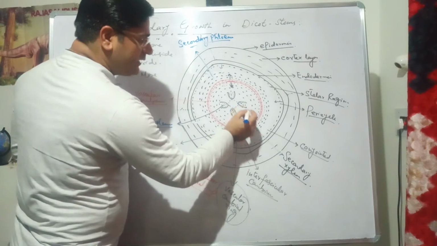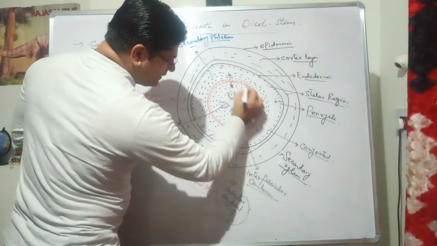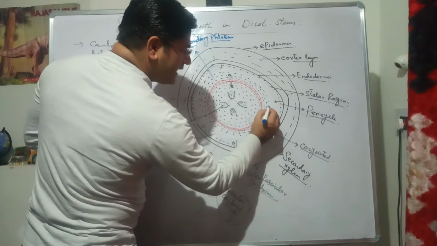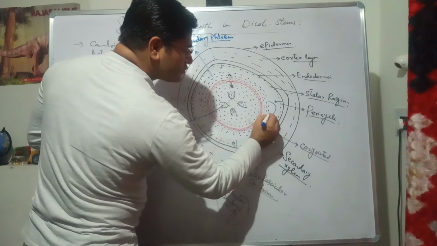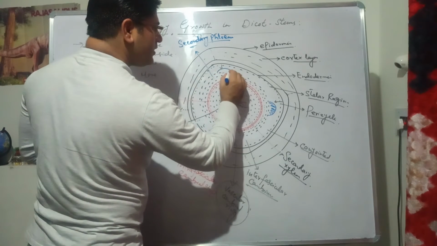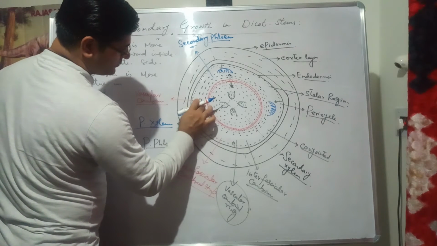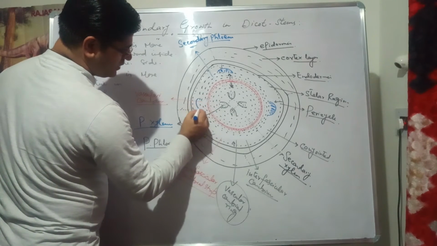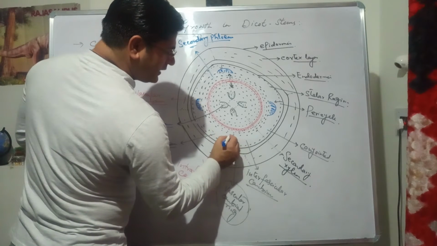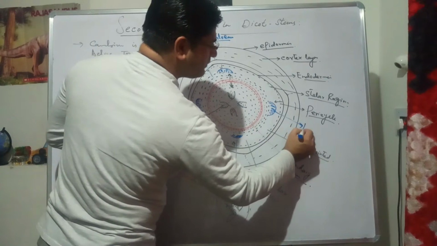Earlier primary xylem and primary phloem were nearby, but once the cambium activity starts, it divides the cells inside and outside, so the primary xylem and primary phloem remain towards the periphery, like this, in the patch manner. Outside of the secondary phloem, there will be remaining the primary phloem. This is known as primary phloem.